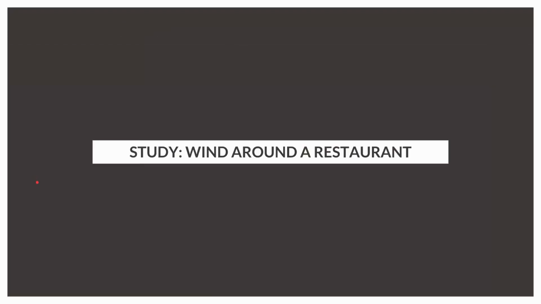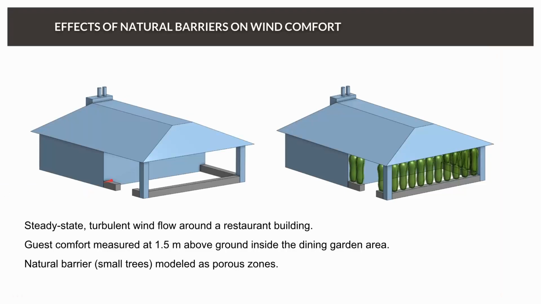Yes, and finally we've also prepared a wind study of a building project from the real world. This is from one of our projects which was optimized by one of our customers, and he wanted to add some natural barriers to increase the wind comfort in the dining garden area of a restaurant, and therefore the guest comfort is measured 1.5 meters above the ground.